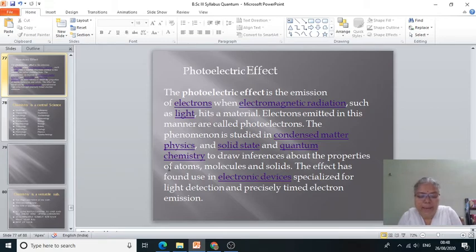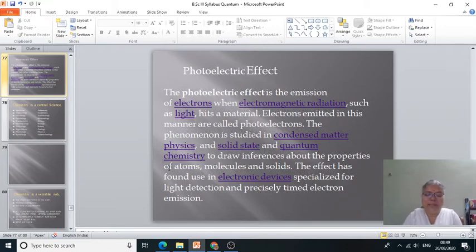Then the second characteristic, the kinetic energy of ejected electrons varies directly with the frequency of incident light, but it is independent of intensity. Remember, the kinetic energy of the ejected electron varies directly with the frequency of incident light and it is independent of the intensity of light.